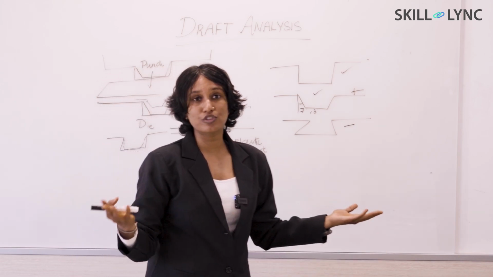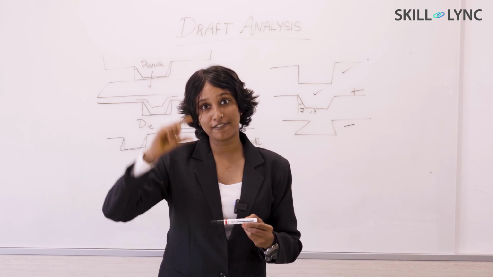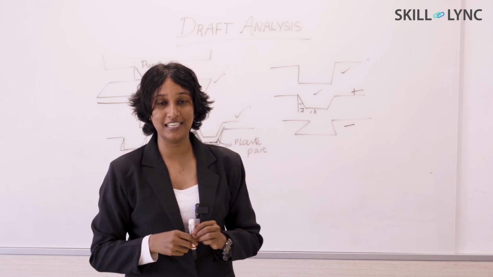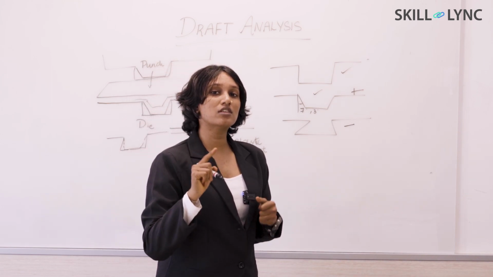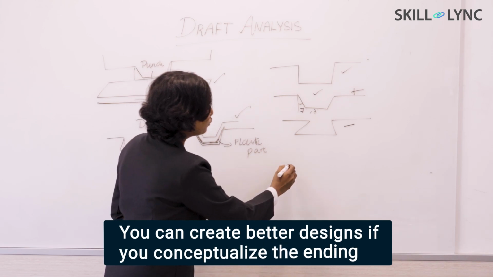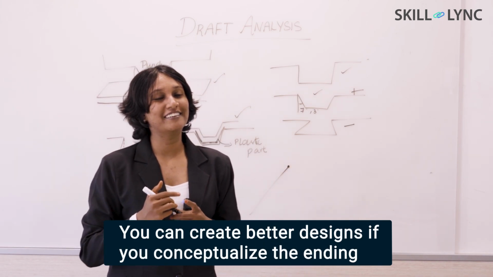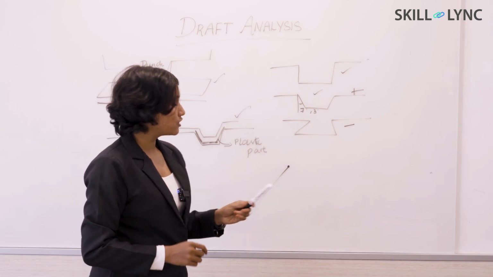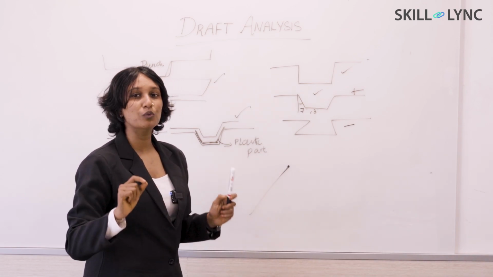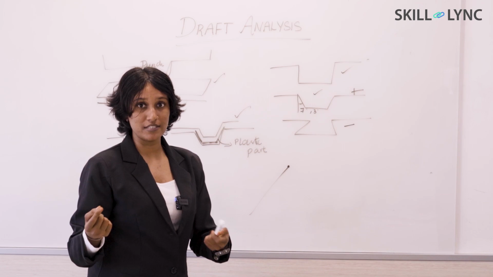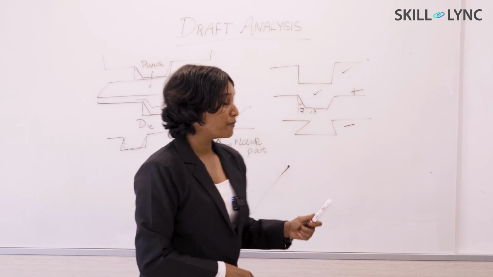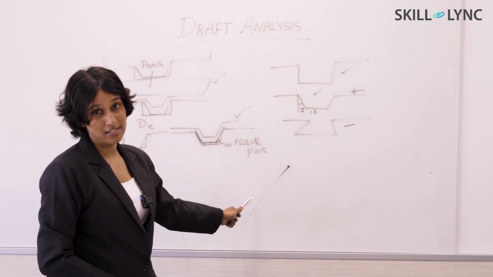For that, if you use softwares like CATIA or NX CAD from Siemens, we have a draft analysis tool specifically where you have to start your model by creating a tooling direction first, starting with an end in mind. So we're going to start with the tooling direction, and we're going to create most of the surfaces or the sheet metal parts considering this tooling direction as reference.